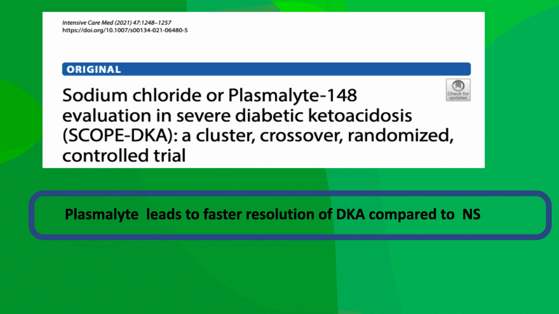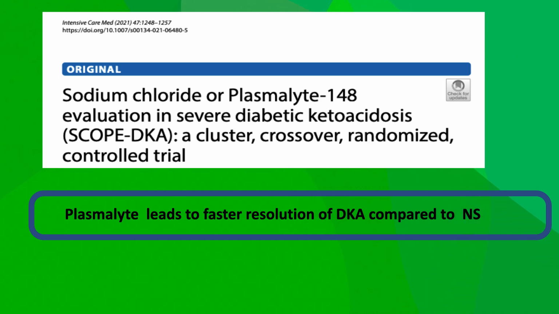And now we understand that there is a physiological basis to it, because normal saline itself will cause a normal anion gap metabolic acidosis. So even in DKA patients, we should be cautious about giving high volumes of sodium chloride or normal saline, now that we understand the physiology better.